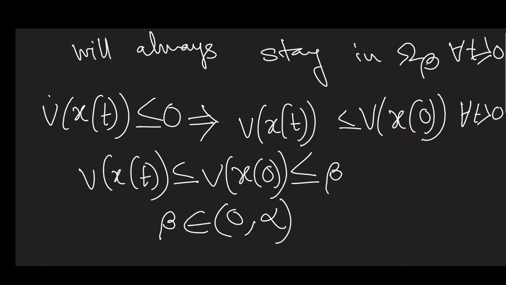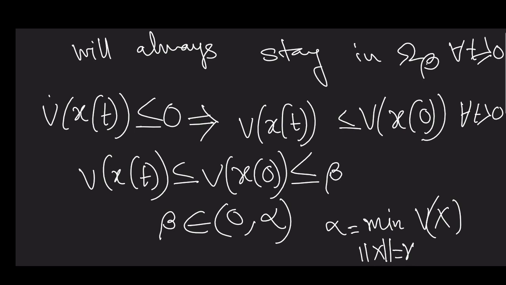What is alpha? Alpha is the minimum of V(x) over the set where the norm of x is equal to r. Alpha is the minimum value of V(x) that you can get on the outer shell.